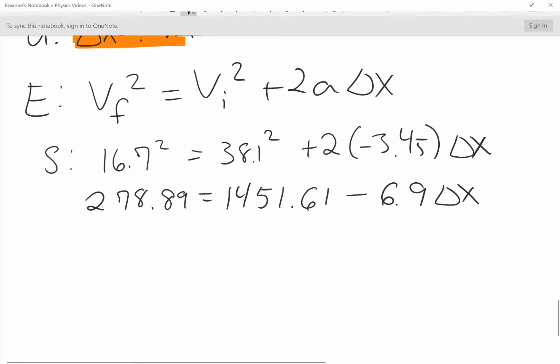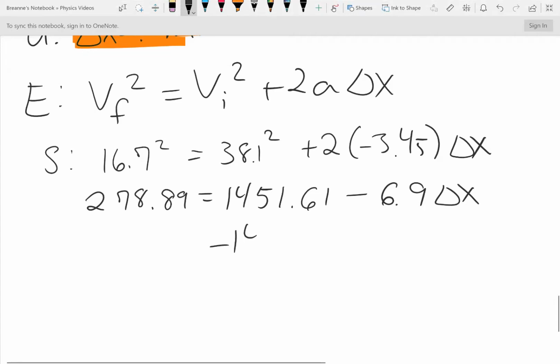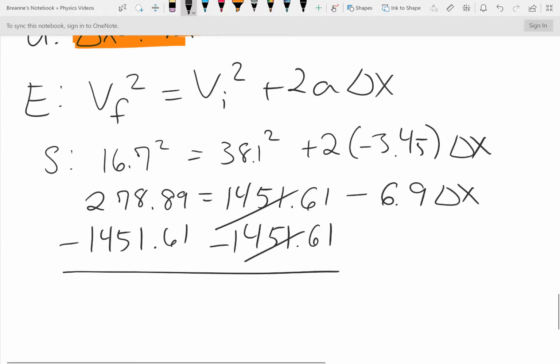And again, you cannot add those two numbers together because of the delta x. So you have to get the 1451.61 on the other side. And since it's adding, you subtract it. That cancels.